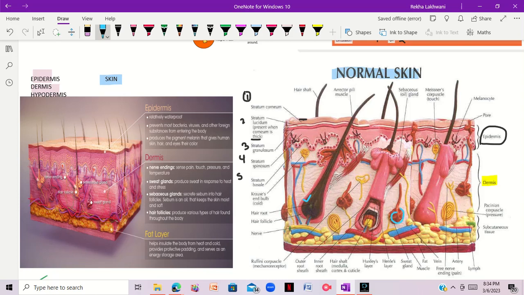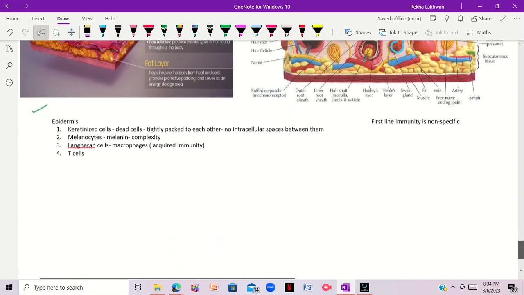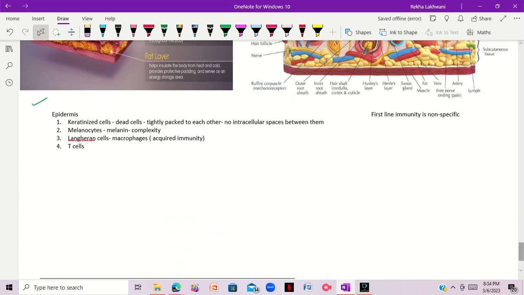These sweat glands produce an antifungal and antibacterial substance known as lactic acid. Let me write over here. The next layer is the dermis.